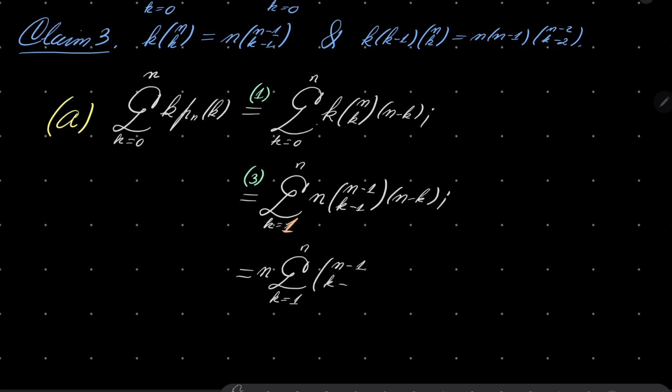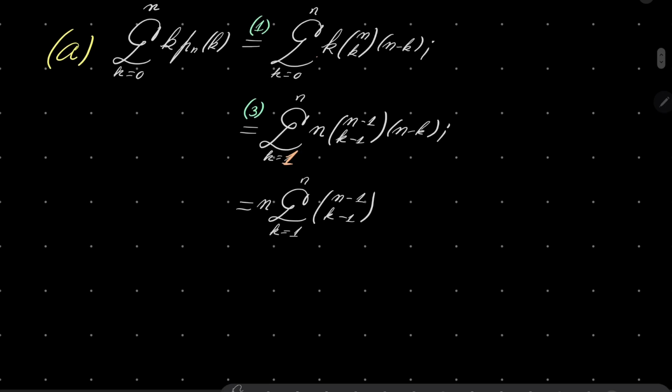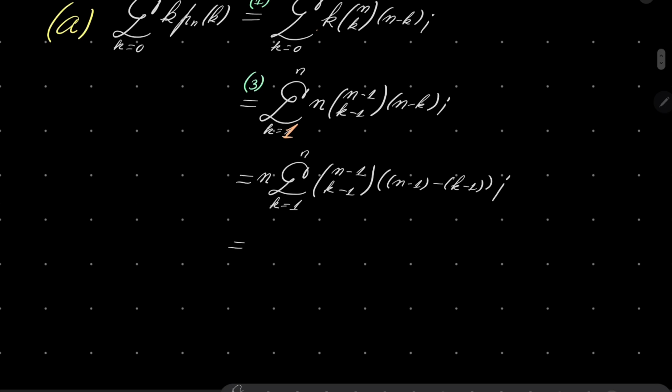And now I will do a slight trick. Instead of n minus k subfactorial, I will write n minus 1 minus k minus 1 subfactorial. And now I will shift my index of summation. So instead of k, I will put everywhere k plus 1.